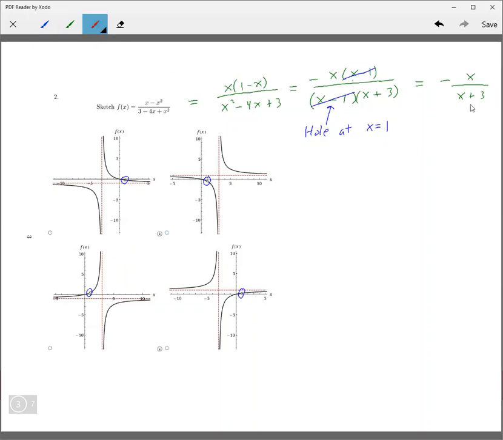Okay, so now at this point I have this still, right? And maybe the easiest thing would be what is the Y-intercept? Okay, so let's do that in red. So Y-intercept.